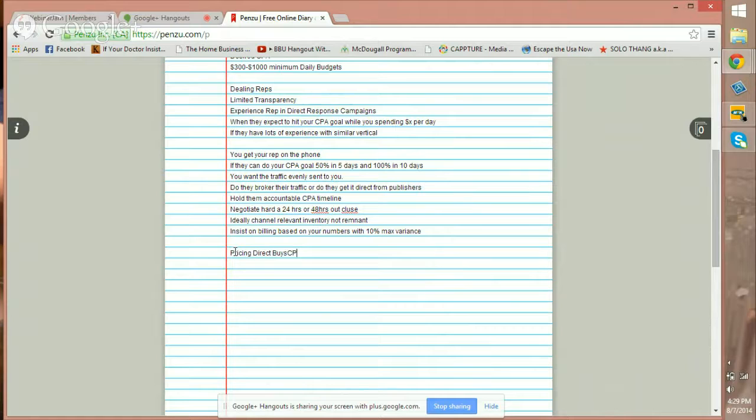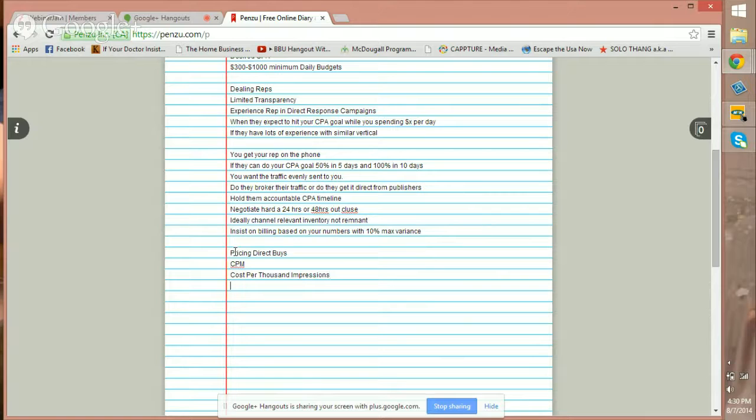These ones are done on a CPM basis. What does CPM mean? CPM stands for cost per thousand impressions. That's how they normally do it.